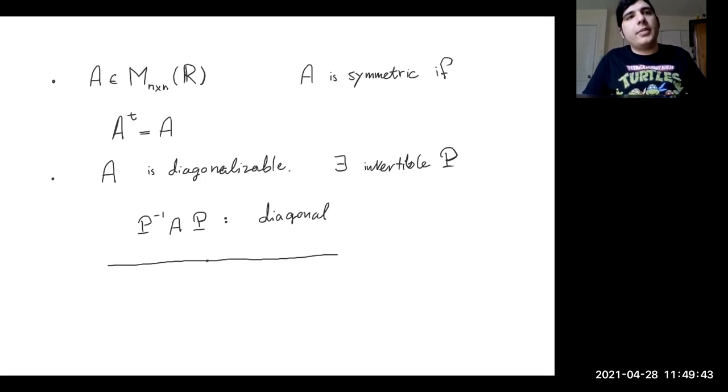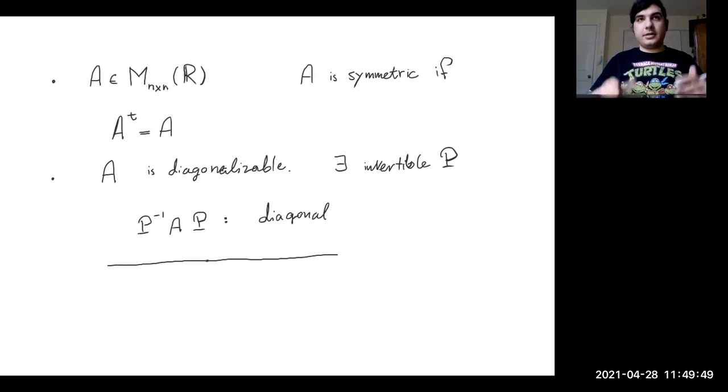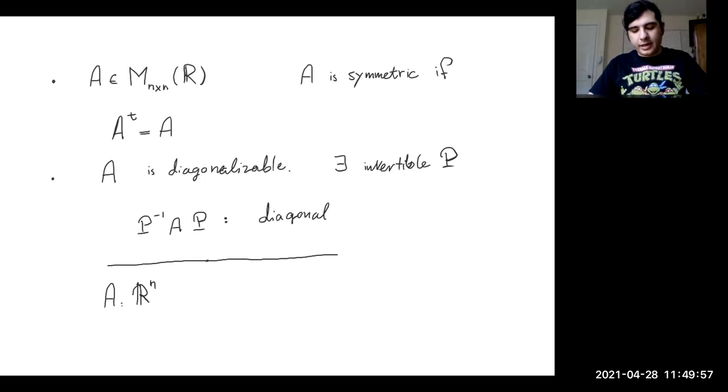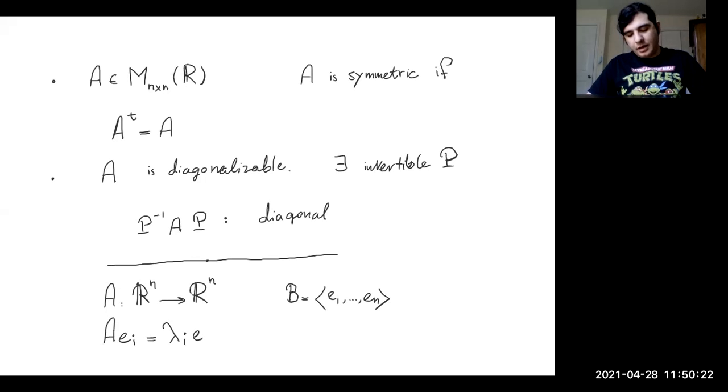Just note that a matrix being diagonalizable means that, if it's an n by n matrix, we can think about that matrix as a linear map from Rn to Rn. And being diagonal means I can choose a basis B for Rn, let's say e1 up to en, where A of each ei is some lambda i ei.